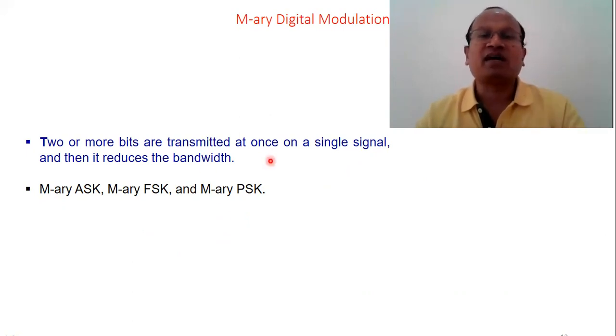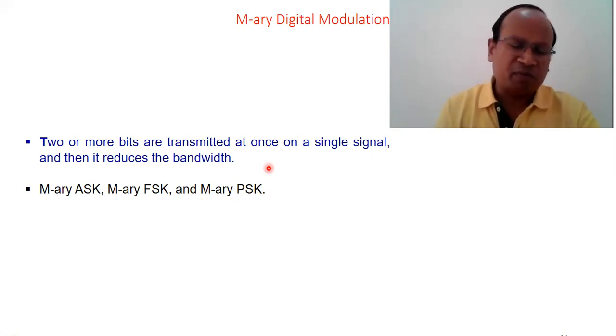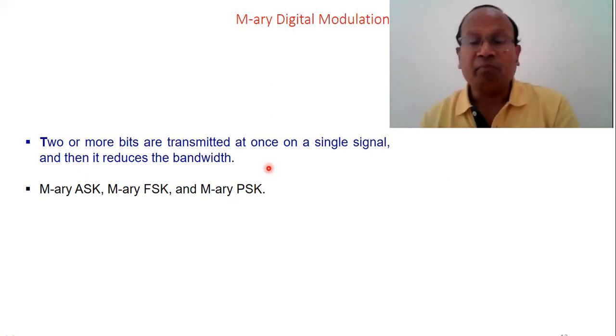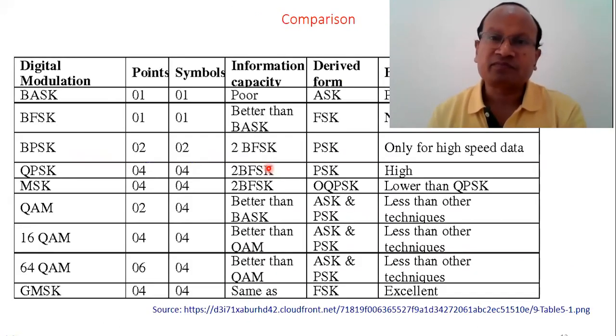When 2 or more bits are transmitted at once on a single channel or a single signal, then it reduces the bandwidth. Of course, you have seen in QPSK as compared to BPSK, there is a saving of bandwidth. And similarly, we can have bandwidth saving in the MRE methods of digital modulation as compared to their conventional counterpart.